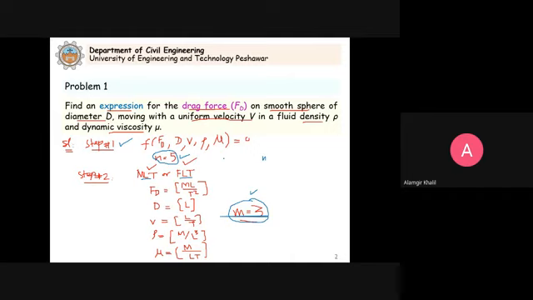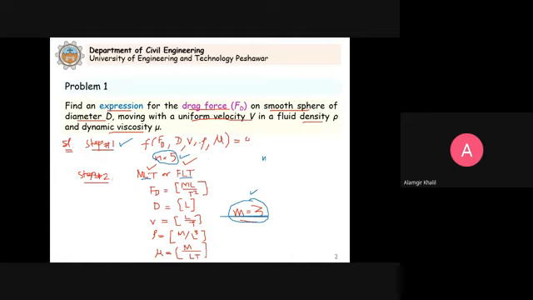call the pi groups. So as I said in the previous class, we answer 2 questions. The question number 1 is that for any problem, the parameters which we identify, how we can reduce them into how many dimensionless groups or products, which we call the pi terms.